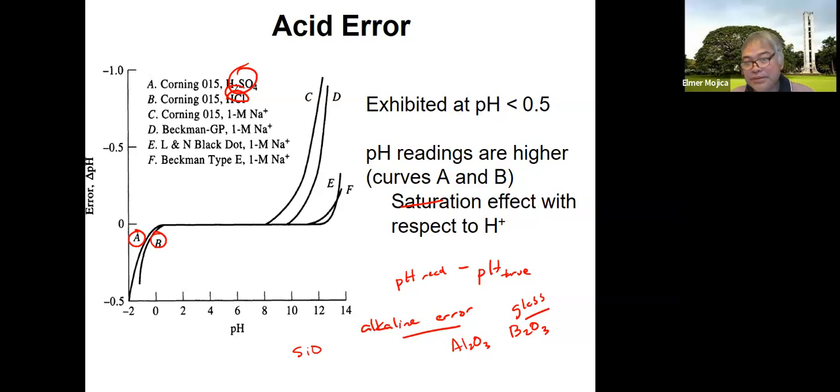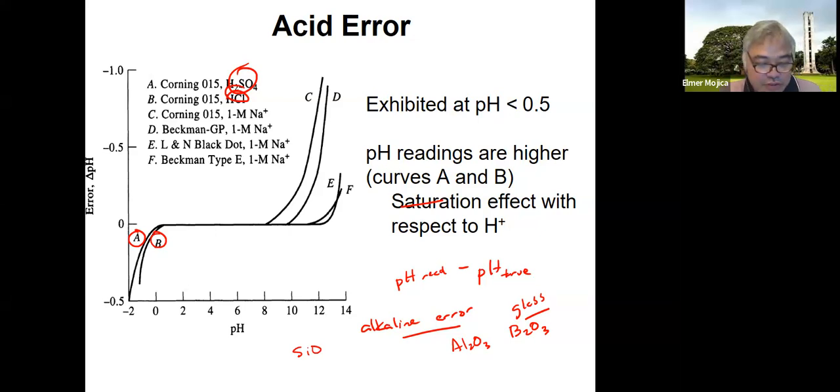Now, other glass electrodes that permit the direct potentiometric measurement of singly charged cations have been developed. So there is a particular glass composition that is used for other cations like sodium, potassium, ammonium, and other stuff.